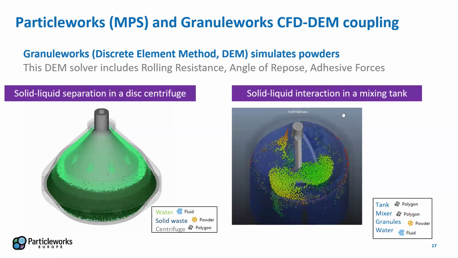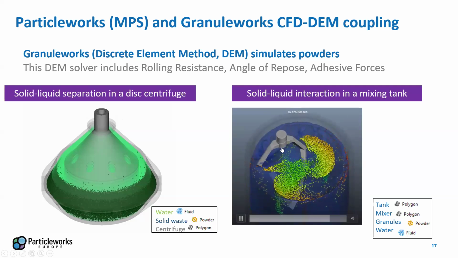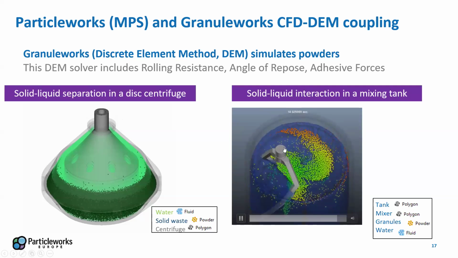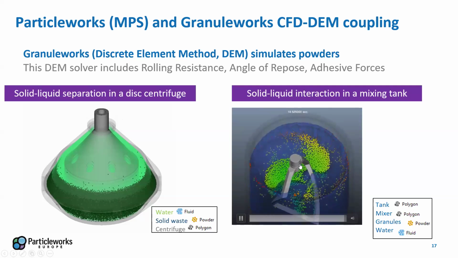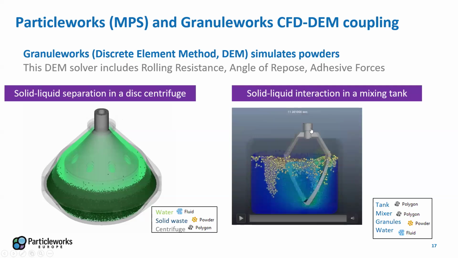Because again, it's a meshless approach, this kind of complex geometry is no issue. And also, if we want to test more RPM conditions or whatever, we can easily do that.